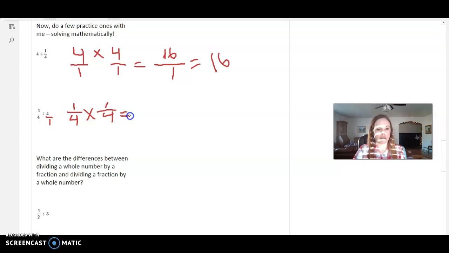And multiply across. 1 times 1 is 1. 4 times 4 is 16. So we started with a fraction. What did we end with? A fraction.